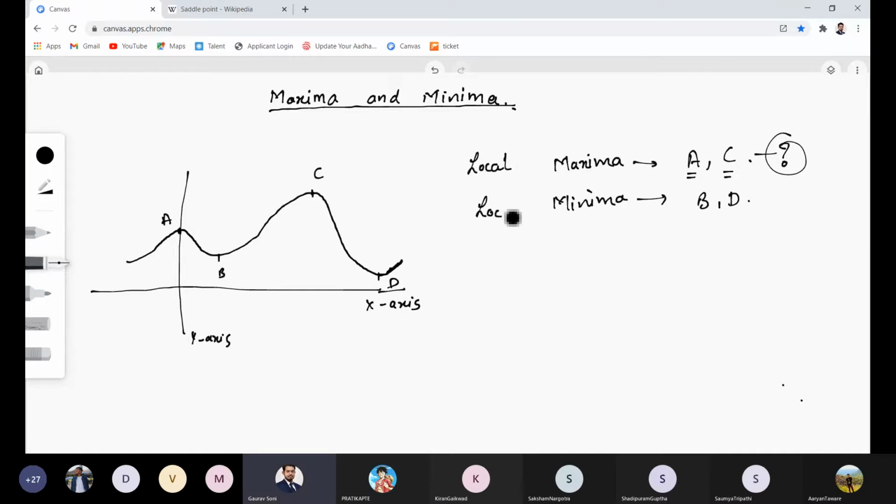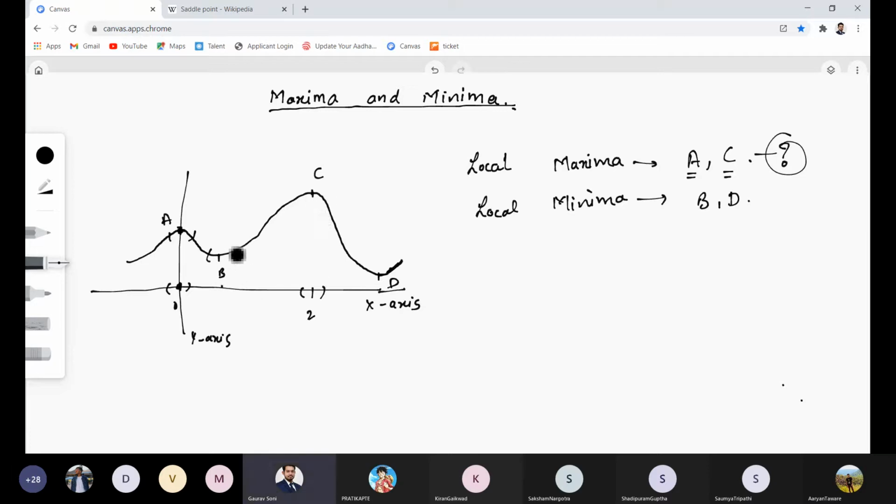Now, around this point A, when I look at the x, this is 0 over here. This may be some point, say 2. So at the points nearby 0, you have all the values of f of x less than the value at A. Even at C, you have the same thing.